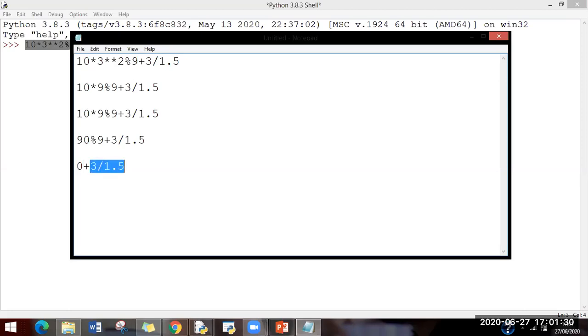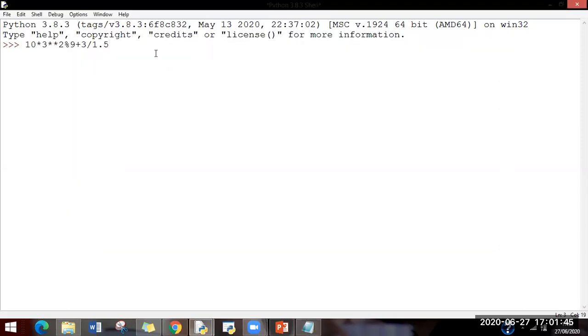Now on solving this, you get 2.0. And what happened to plus 0? Even if you add a plus 0, there is no difference in the answer, you will have your answer as 2.0. Let us just see what the answer is. 2.0 we have.